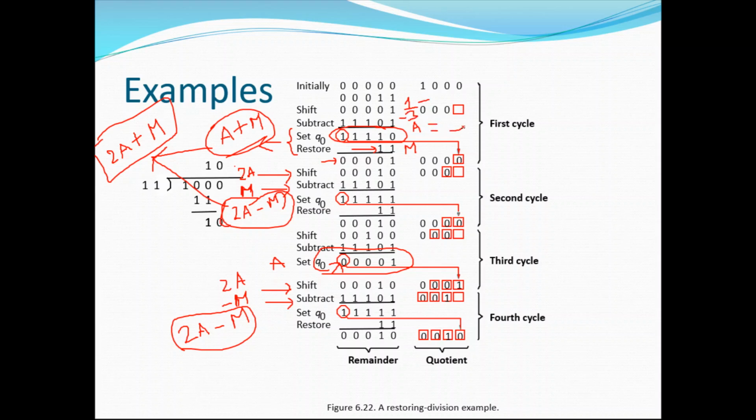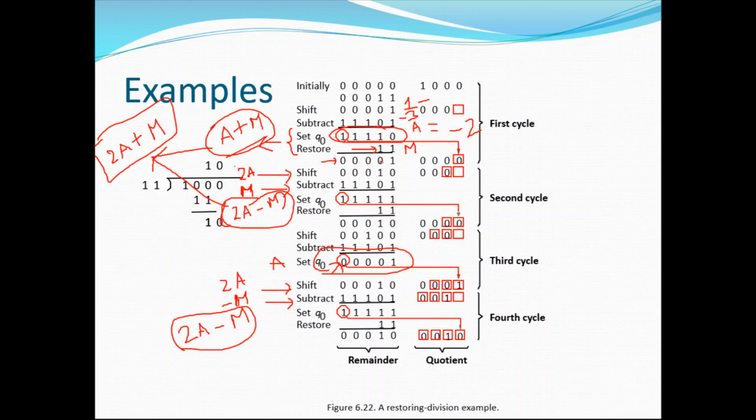A is minus 2. Just remember at this point A is minus 2. So this is nothing but the 2's complement version of minus 2. You can convert this and check whether it is matching or not. It will match. So if you represent 2 in 2's complement form, then this will be like that. So this is minus 2.